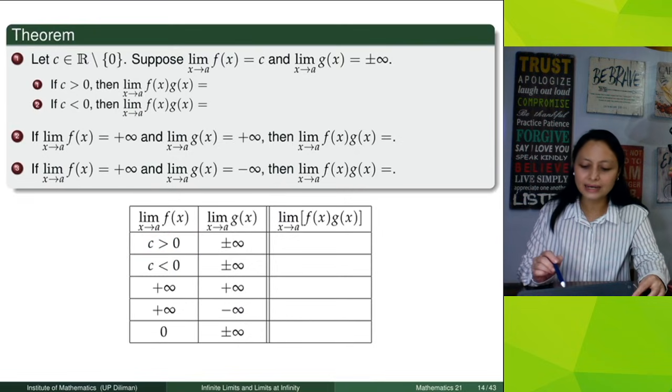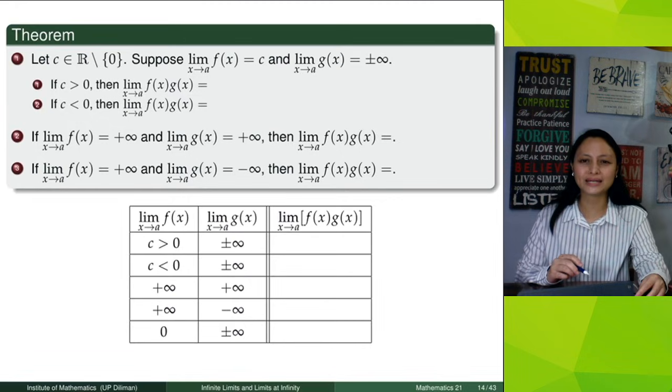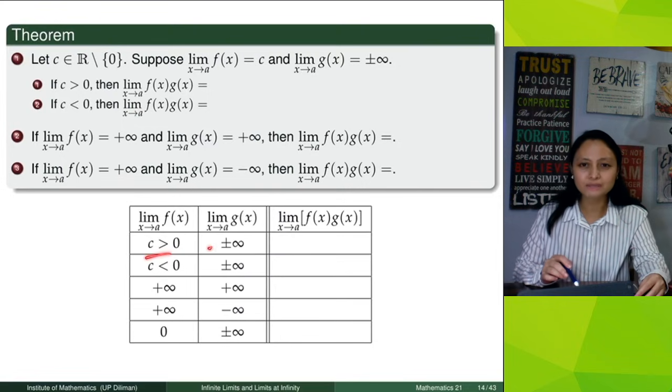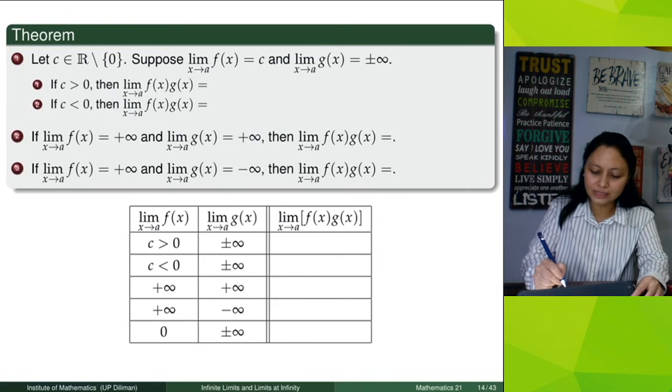So, ang limit ng f of x times g of x, if the constant is positive, so use the rules in multiplying signed numbers. Though hindi talaga real number yung infinity, pero applicable pa rin yun dito. Positive times positive is positive. Positive times negative is negative. So, yung limit ng product is equal to plus or minus infinity.